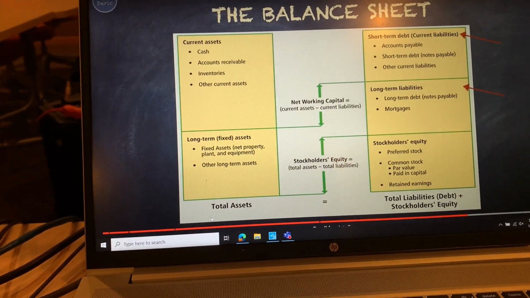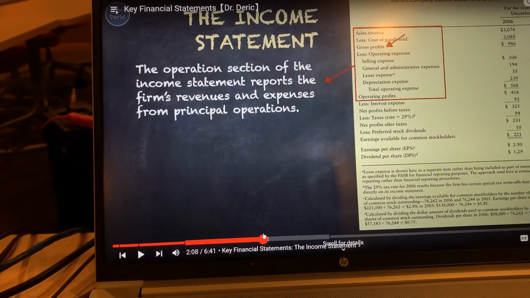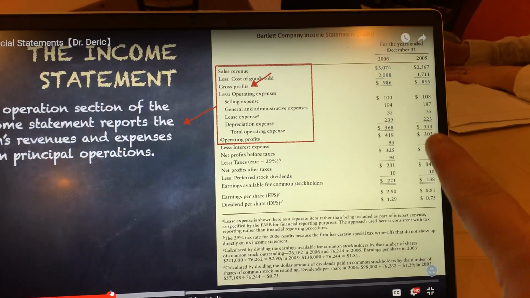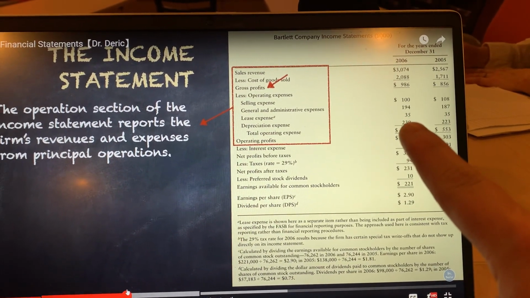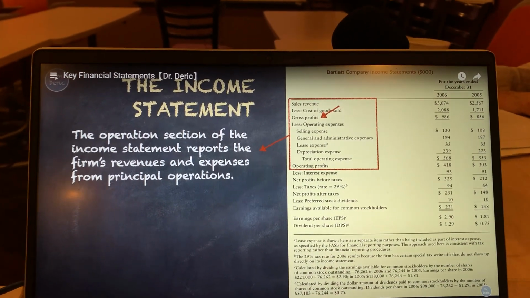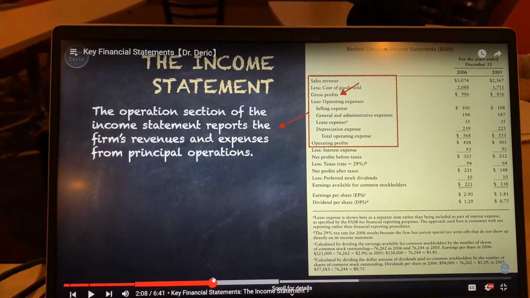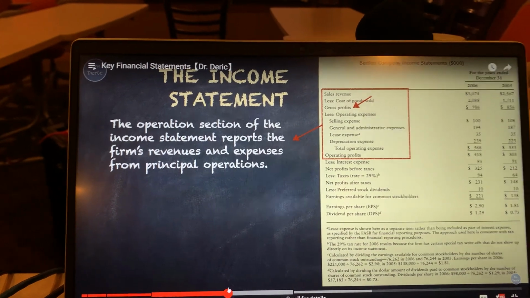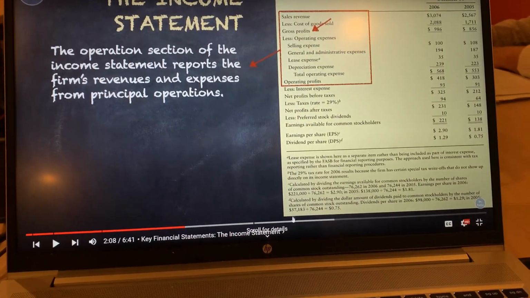The balance sheet is one of them, and then there's another one called the Bartlett Company income sheet. Between the two of those, they explain a lot of these concepts and give concrete examples for us to look at so we can understand what this fella is saying when he's saying it.